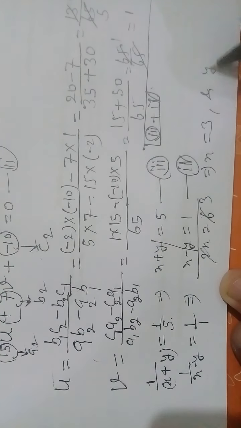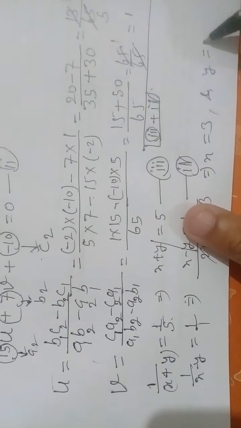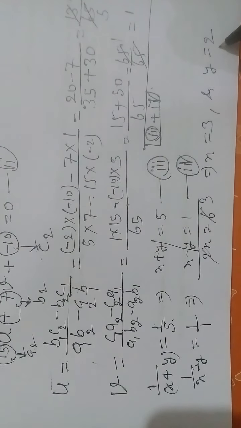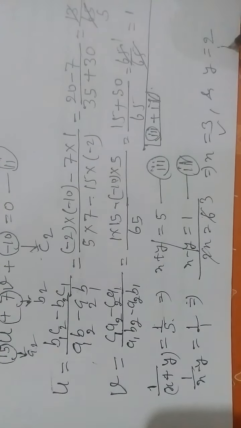Then 3 minus y is 1, so y is equal to 2. These are the values for question number 10: x is equal to 3, y is equal to 2.